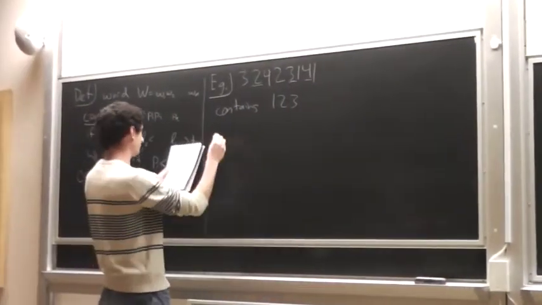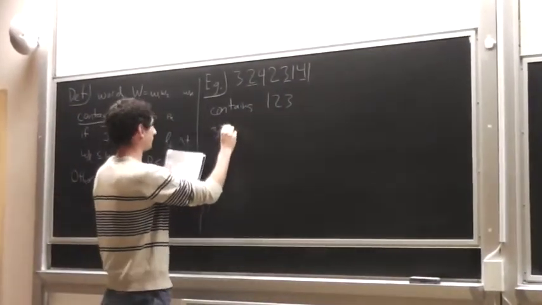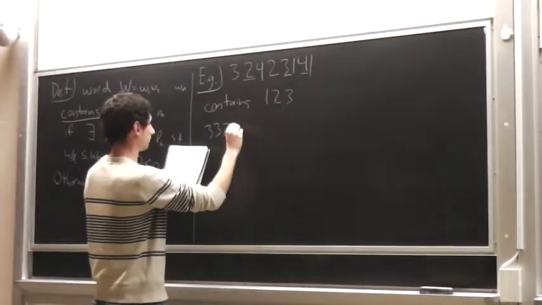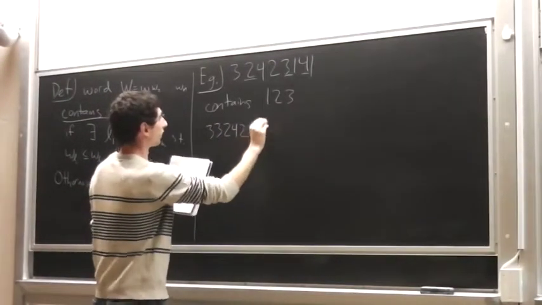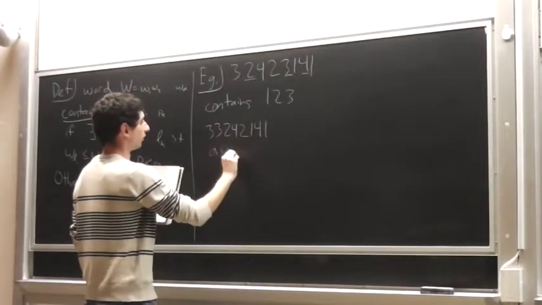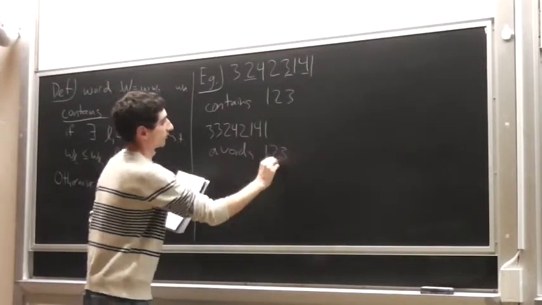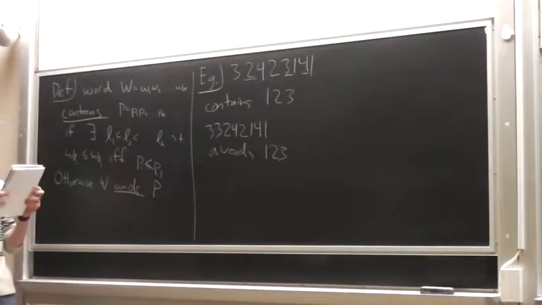And conversely, 3, 3, 2, 4, 2, 1, 4, 1 avoids 1, 2, 3. So convince yourselves that this is true.